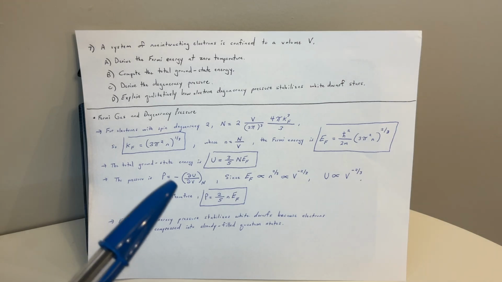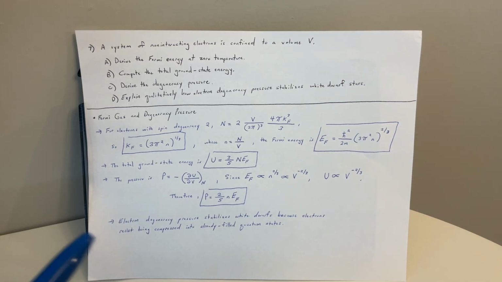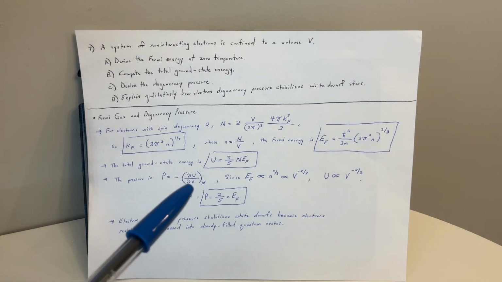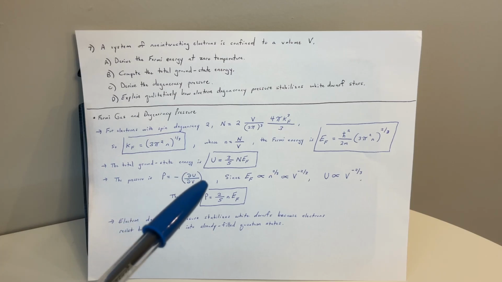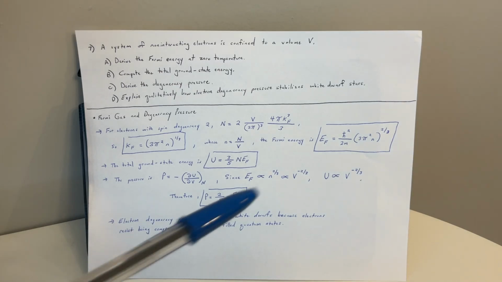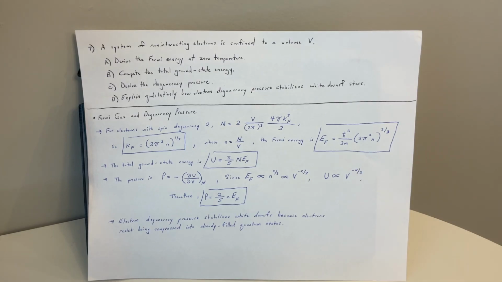The pressure P is negative partial U with respect to V, at constant N. Since E_F is proportional to n to the 2/3, which is proportional to V to the negative 2/3, we can say that U is proportional to V to the negative 2/3.